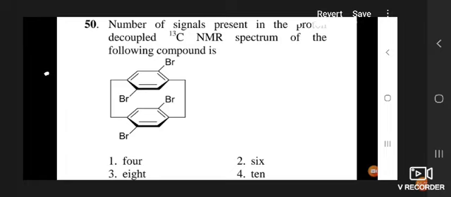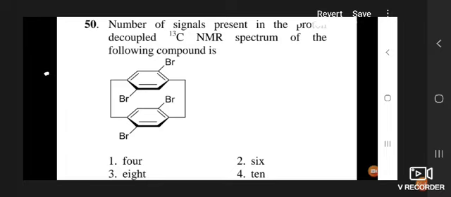Now here the question is very simple: the number of signals present in the proton decoupled C-13 NMR spectrum of the following compound. Here you have to use the concept of symmetry. That means you have to use the plane of symmetry or center of symmetry, and on the basis of that you can find out the different sets or different groups of carbon, and by counting the different groups of carbon you can say the number of signals in the C-13 NMR spectrum.